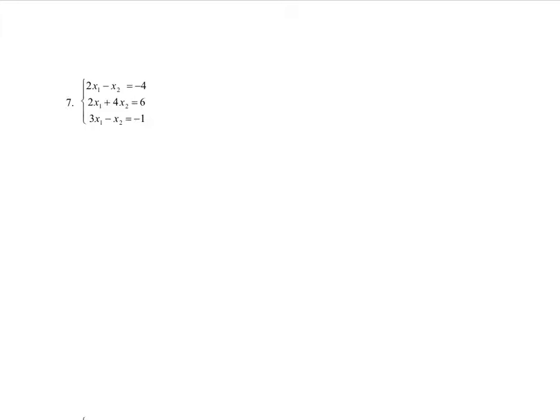Now, what I'm going to encourage you to do is, even though there are only 2 variables showing, we have 3 equations. So I'm going to tell you I would make a square matrix. Since I have 3 equations, I'm going to have 3 rows. I also want to have 3 columns to the left of my vertical line.